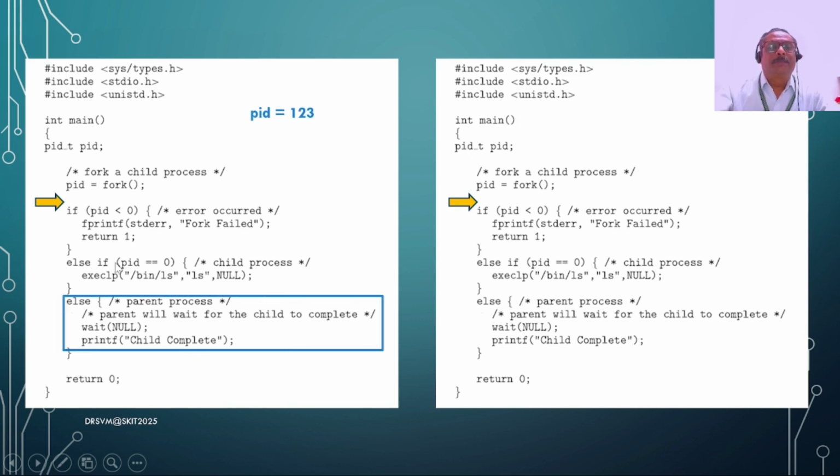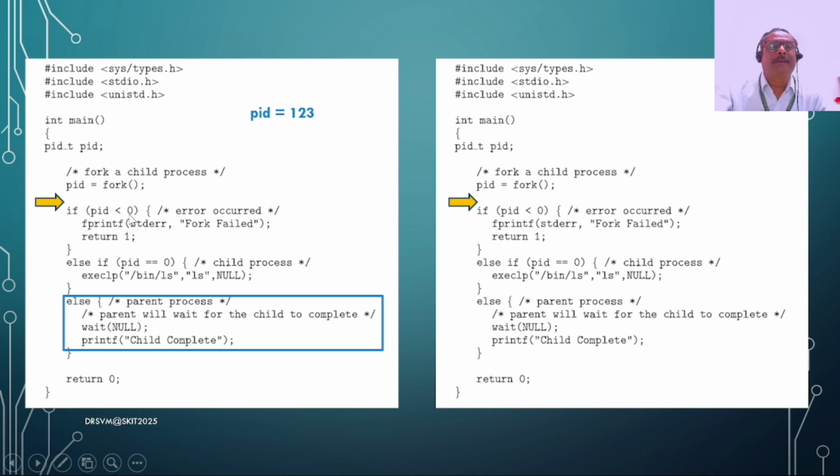So in this process this component will be run because it is getting a PID of the child. The PID of the child returned is 123. Therefore it is neither negative nor 0. Therefore it will get into this else.